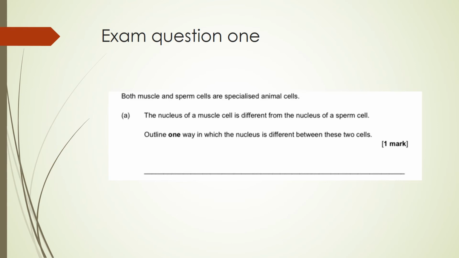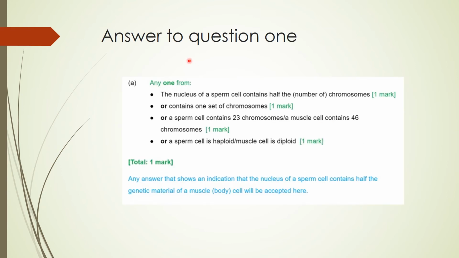Any one of: the nucleus of a sperm cell contains half the number of chromosomes, or contains one set of chromosomes, or a sperm cell contains 23 chromosomes and a muscle cell contains 46 chromosomes, or a sperm cell is haploid and a muscle cell is diploid. And you don't really need to know that last bit.